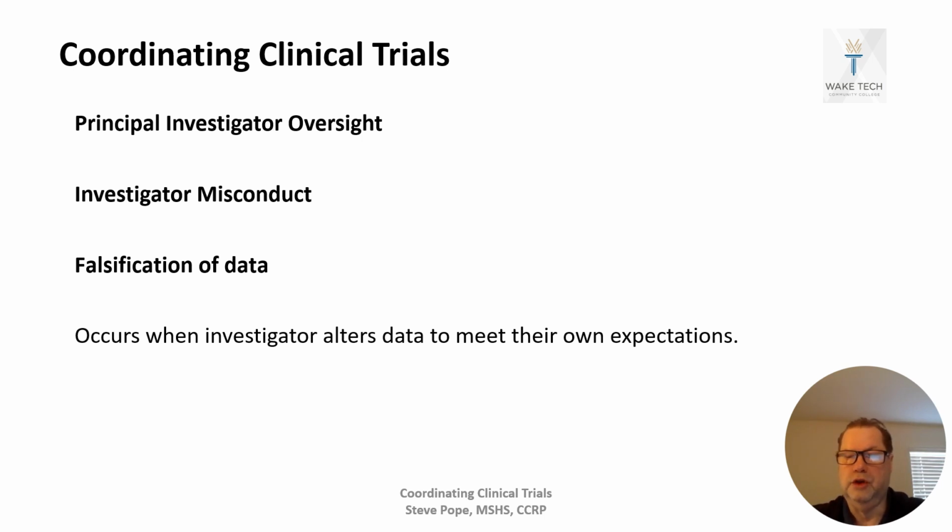You might have falsification of lab results or things like that, or certain assessments that might be involved in the screening process that could determine a subject's eligibility to be in the trial. So these are probably the most common examples of falsification of data.